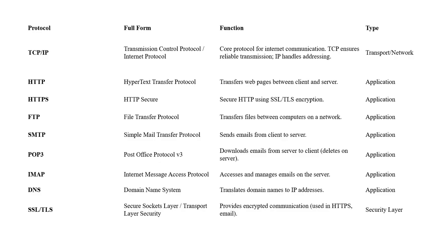HTTP full form is Hypertext Transfer Protocol. The function of HTTP is to transfer web pages between client and server. HTTPS is HTTP Secure. The function of HTTPS is secure HTTP using SSL or TLS encryption.